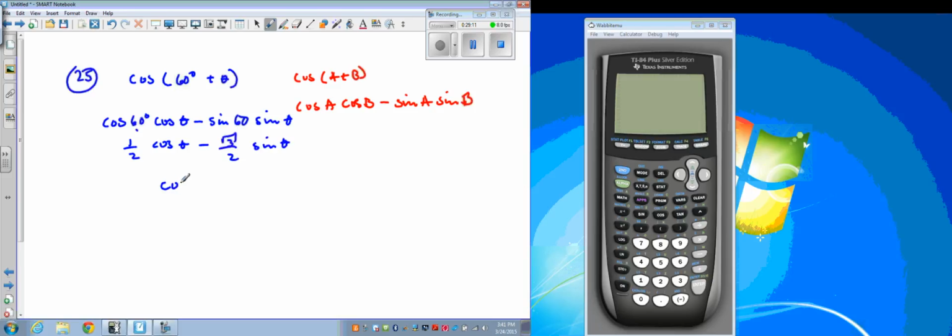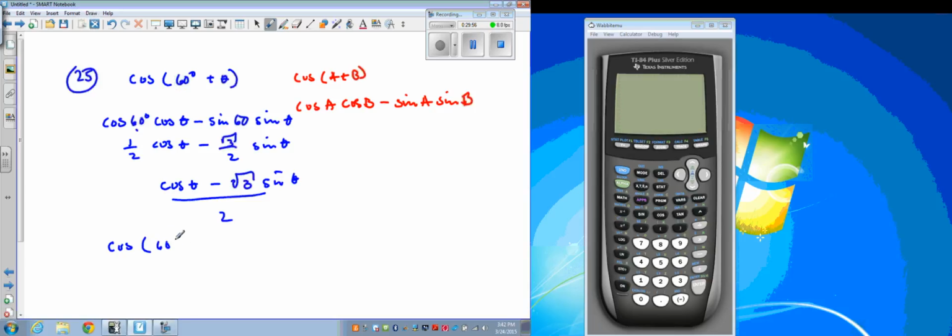So you get cosine theta minus square root of 3 sine theta over 2. What did I do? I'm not 100% sure what they want. You're going to come up with the same answer, but with the cosine.